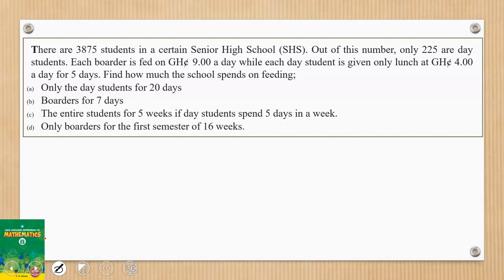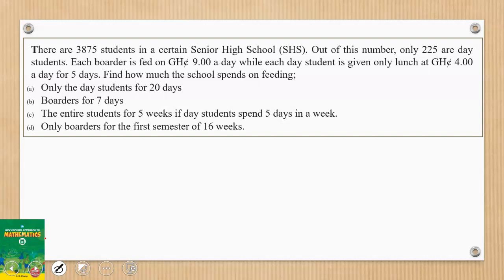There are 3,875 students in a certain senior high school. Out of this number, only 225 are day. Each boarder is fed on 9 cedis a day, while each day student is given only lunch at 4 cedis a day for 5 days.